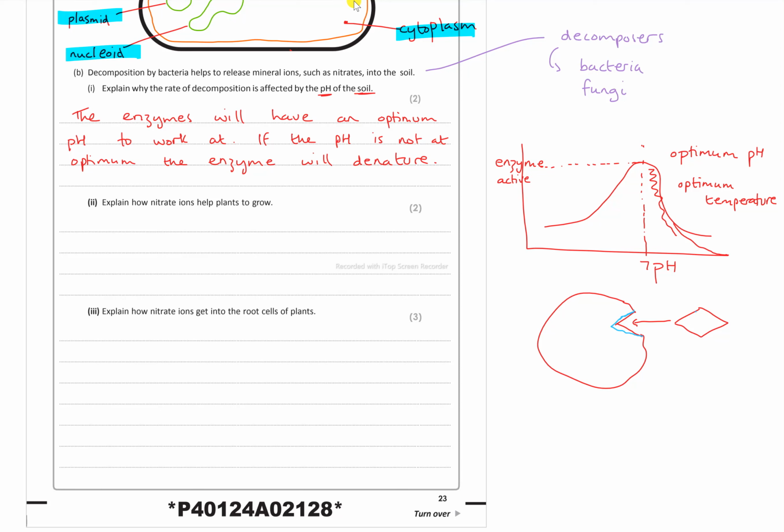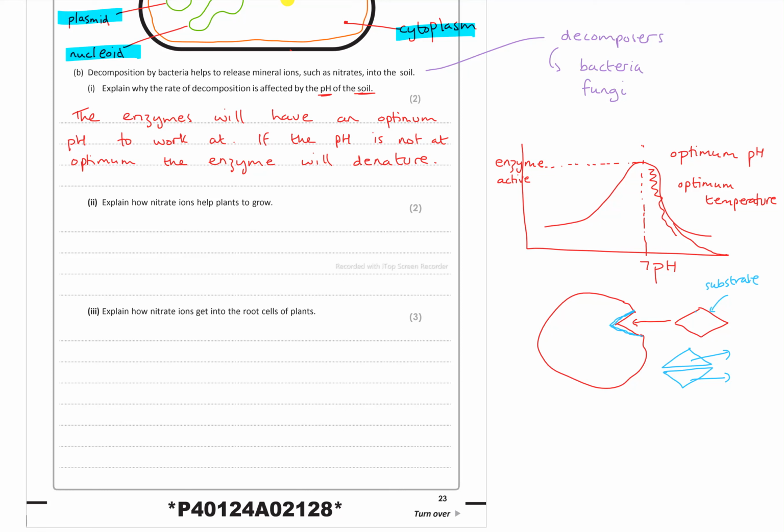So this does not fit in properly. So the rate that you can produce the product, so this is the substrate. And when it's finished, you're going to end up with, just say, 2 products, and they're going to happily go away and do their thing. But when this has been denatured, this is out of shape, and that doesn't fit properly. That's why they denature and reduce the efficiency of the enzyme.